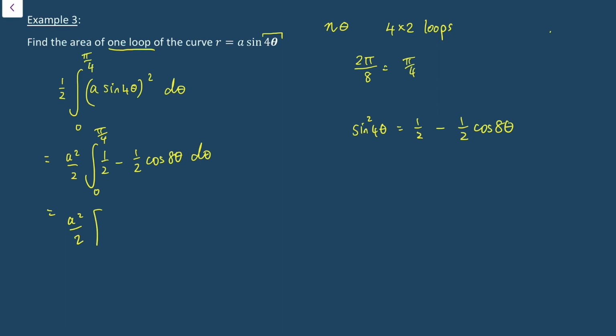A squared over 2, a half integrated gives me a half theta, and minus a half cos 8 theta is going to give me minus 1 over 16 sine of 8 theta between pi by 4 and 0.